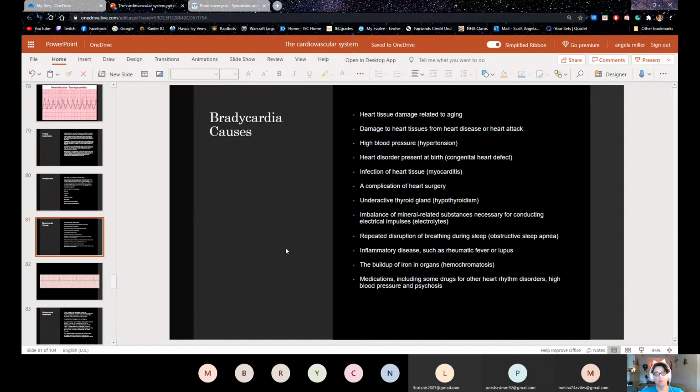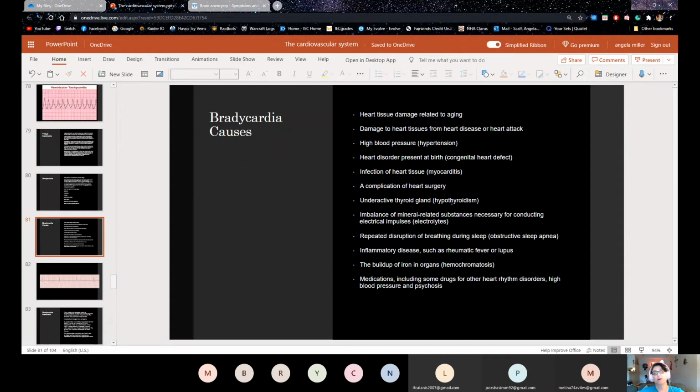A lifetime of hypertension can cause it. Congenital heart defects, myocarditis, that's the inflammation of the muscle lining of the heart, right?